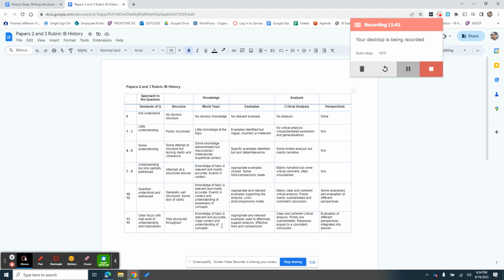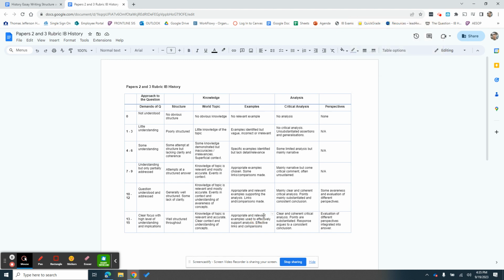As far as our knowledge goes, it's going to be relevant and accurate. We also have context put into the introduction as well as with some of the evidence. Examples are appropriate and relevant. Every example we use is directly tied to the topic sentence the paragraph is about, and they're used to effectively support the analysis, right?